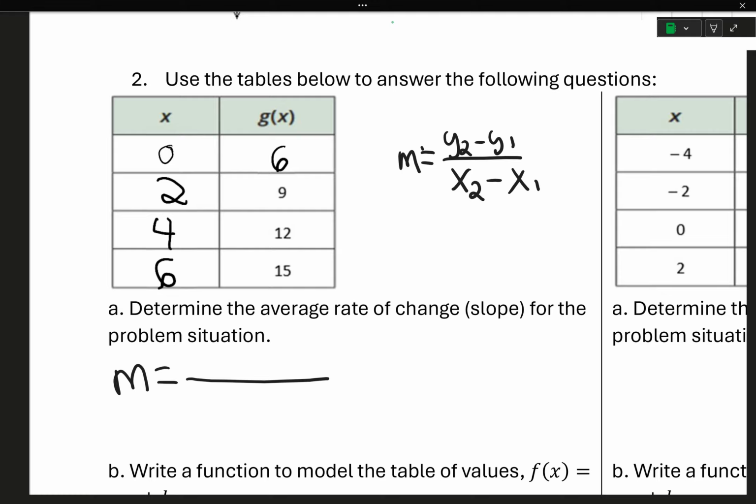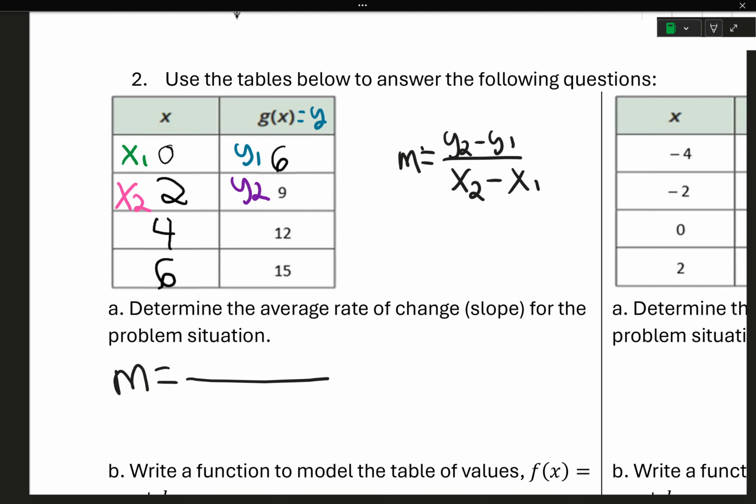This column right here is our x's. So I'm going to make this x1, x2. I don't want to do it all the same color. Let's fix that. x2. Better. So that means this is our y column, y1, y2.